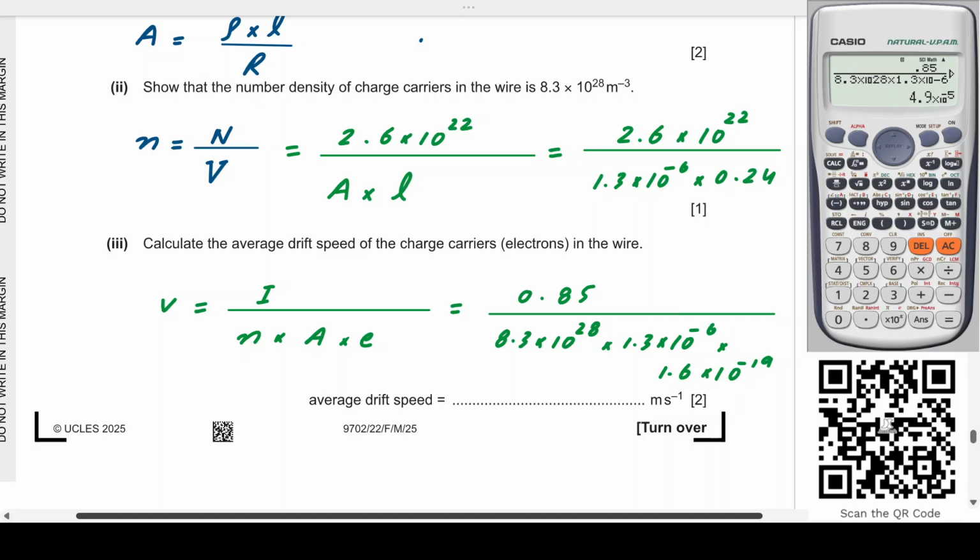The drift speed in 2SF is 4.9 into 10 power minus 5. So 4.9 into 10 raised power minus 5.